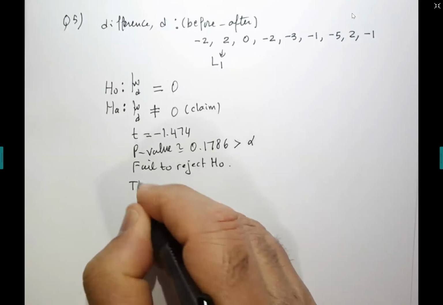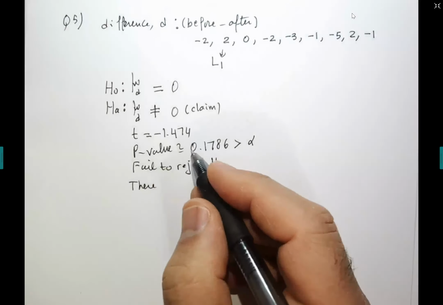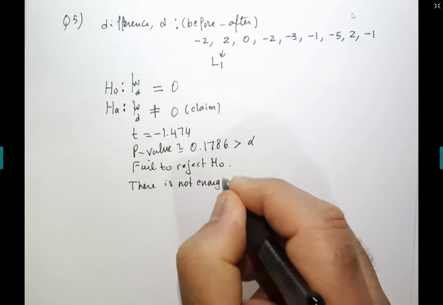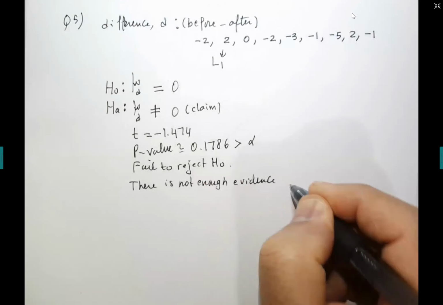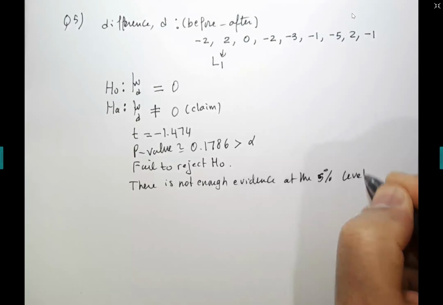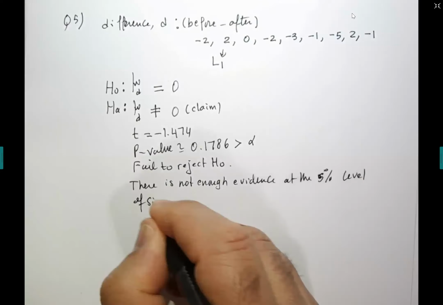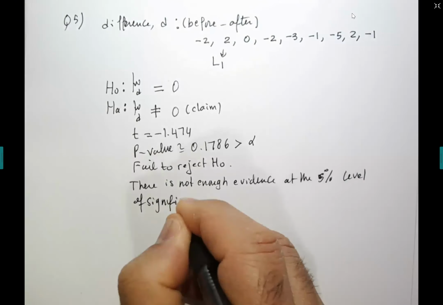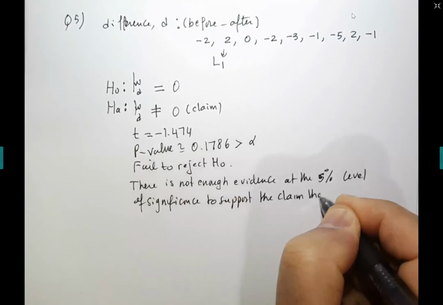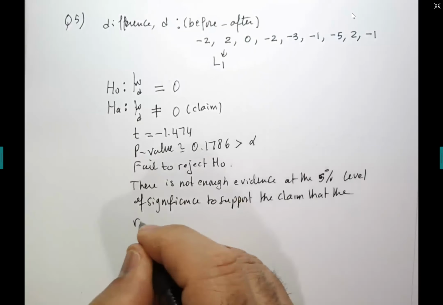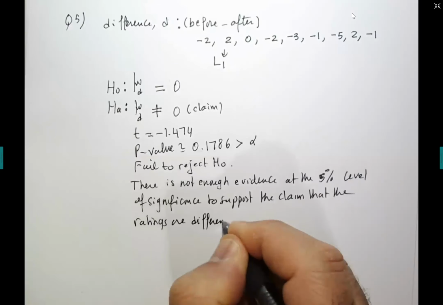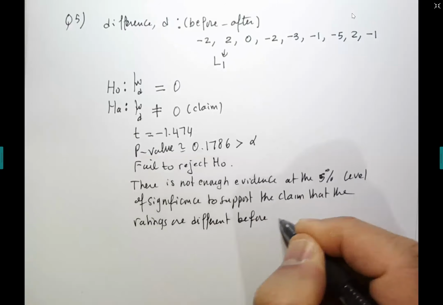And then since the claim is in HA, you see this, the third question, we get the same conclusion. There is not enough evidence at the 5% level of significance to support the claim that the ratings are different before and after the debate.